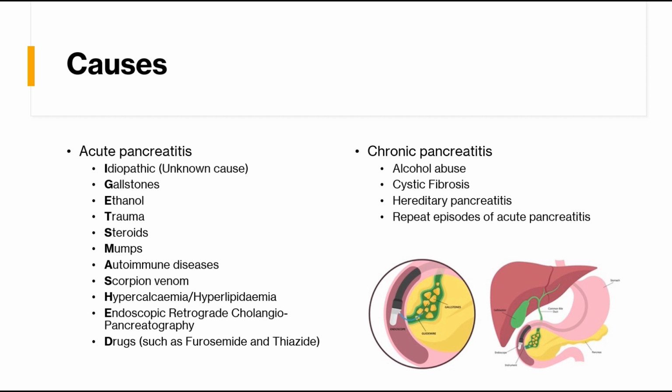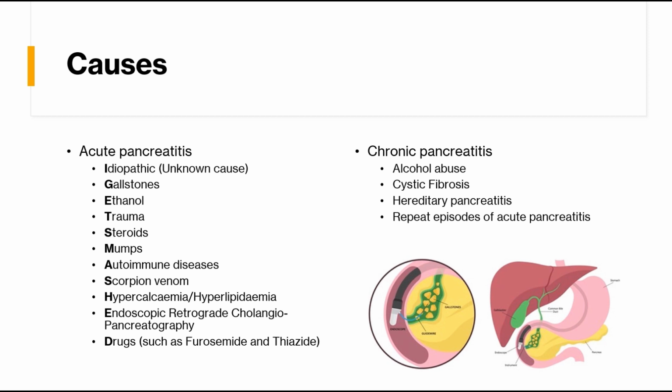Chronic pancreatitis can be caused by repeated episodes of acute pancreatitis. Things like alcohol abuse, hereditary pancreatitis, and cystic fibrosis can also cause chronic pancreatitis. Hereditary pancreatitis is a genetic condition that causes recurrent attacks of acute pancreatitis, which eventually progresses to chronic pancreatitis.